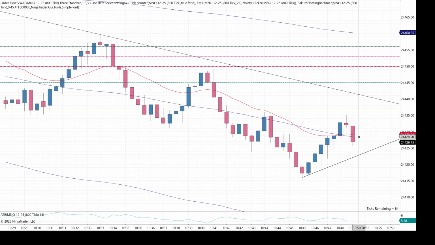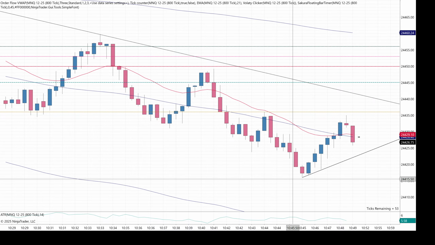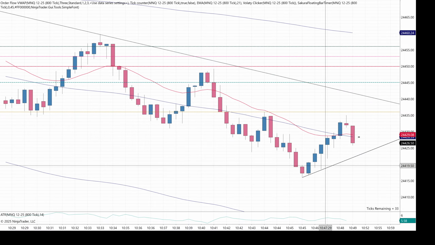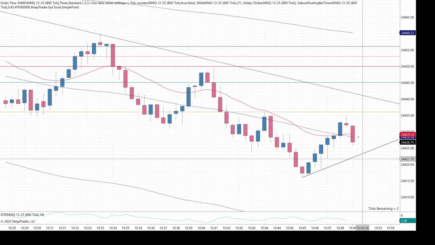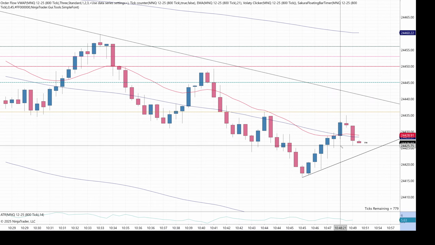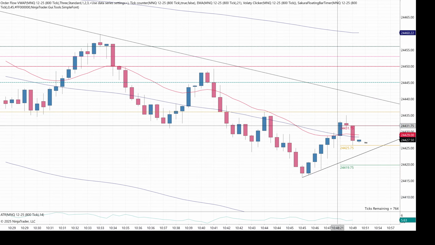We have a lower high, we have a signal lower potentially here. I don't like that we have this upward trend line, otherwise this is a home run setup. If it triggers.